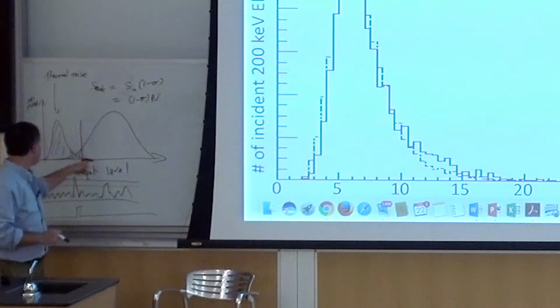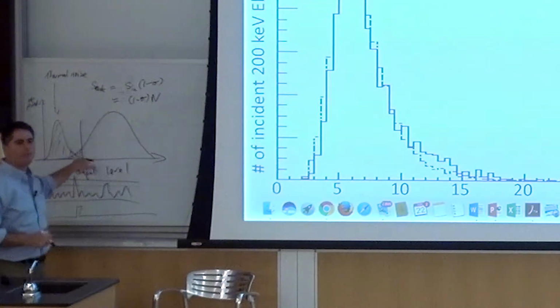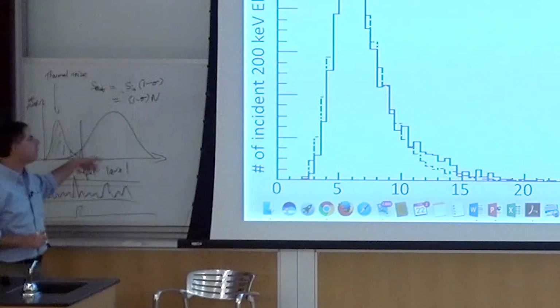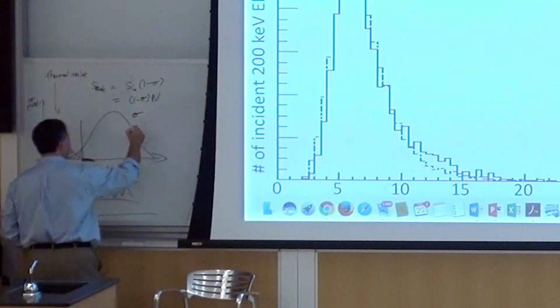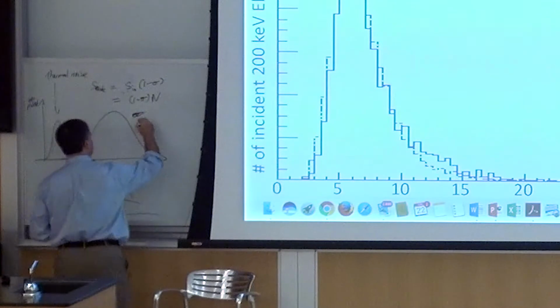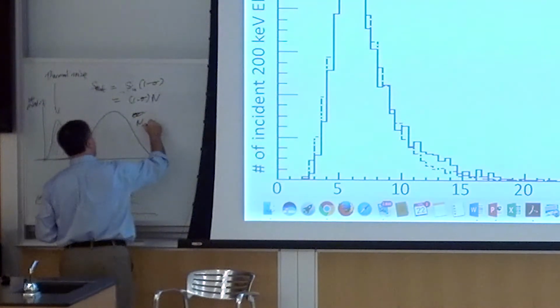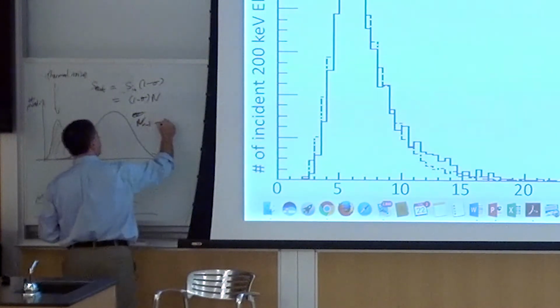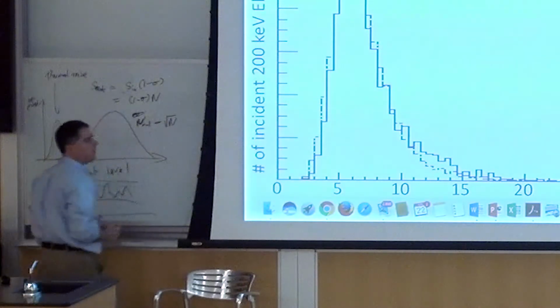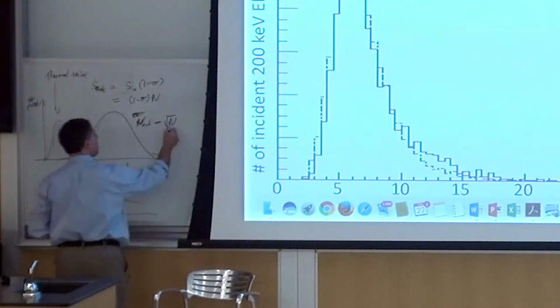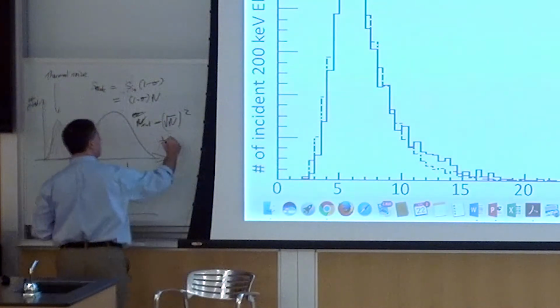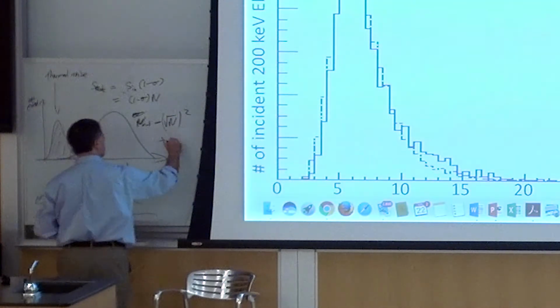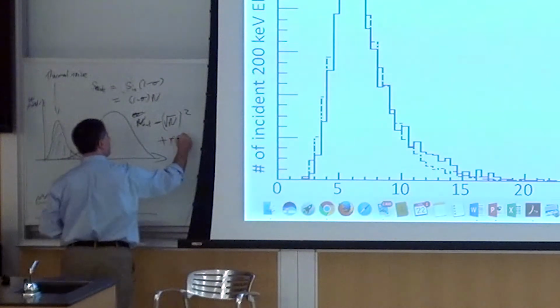It's just basically dark noise times some fraction, which is the tail above that discriminator. So the noise out is going to be the square root of n, which is the counts that you got, squared, plus thermal noise times some fraction of the thermal noise.